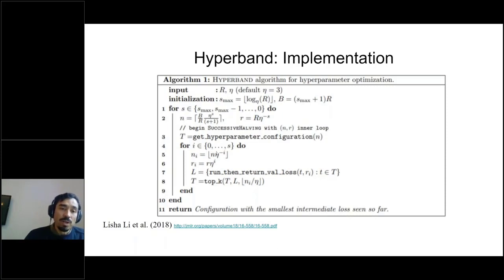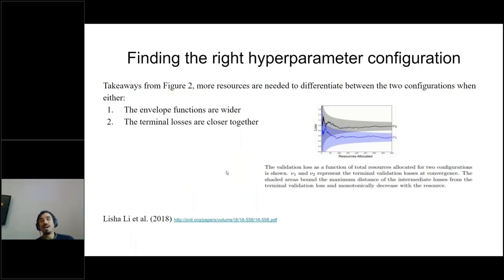In this first loop, first you get the hyperparameter configurations. You do the for loop here, do the training, and get the results of the configurations of hyperparameters that you have found, and then you rank them, and then you loop again. But that's easier said than done.